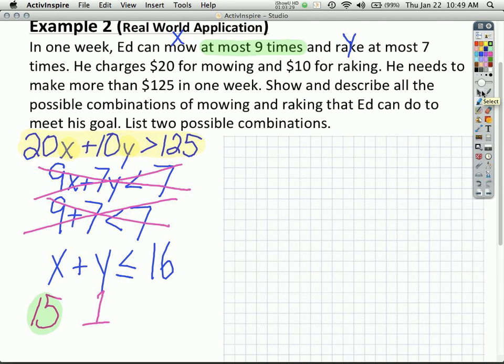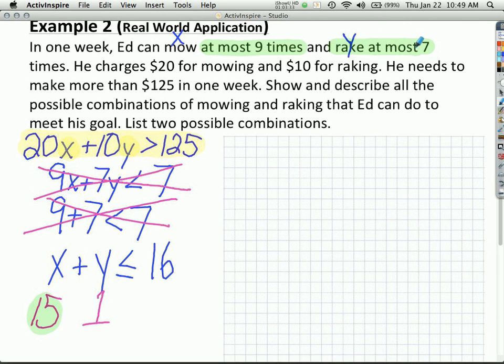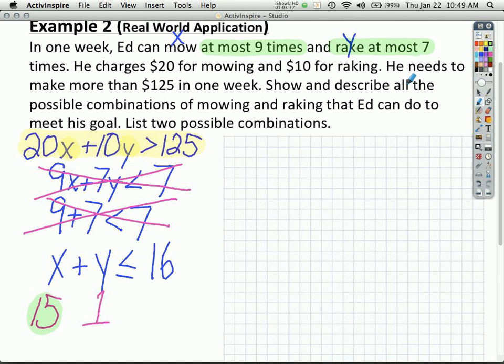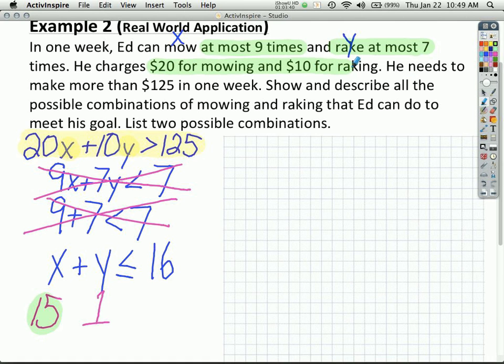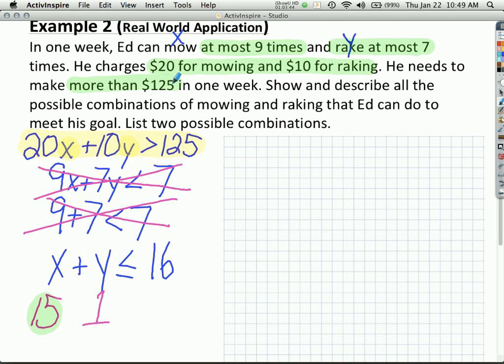Because there are 2 restrictions being put, and they are separate. And then there's a 3rd restriction here, the $20, $10, and make more than $125. So now instead of 2 restrictions, we have 3.